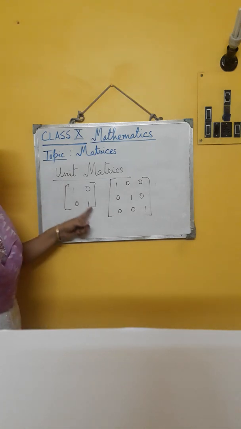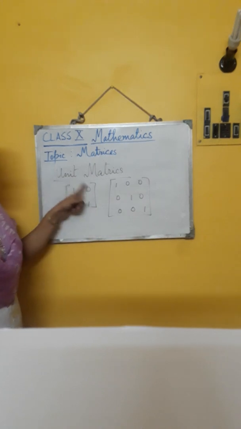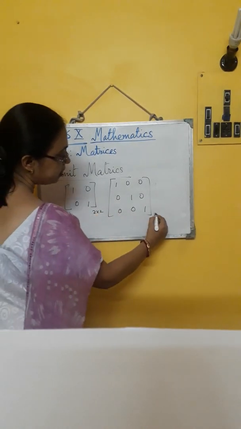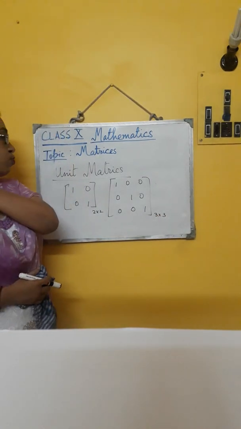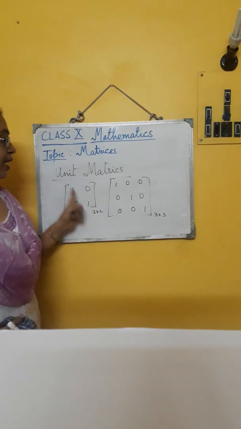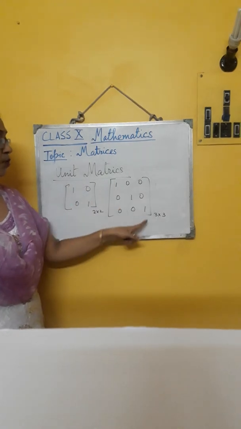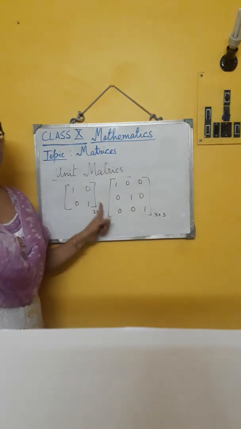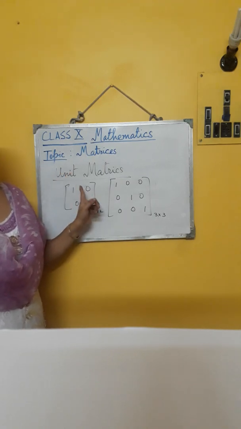Here the diagonal elements are 1, and the rest of the elements are 0. You can see it is a 2 cross 2 matrix and this is a 3 cross 3. In the 2 cross 2 matrix, the diagonal is 1 and the rest of the elements are 0. Here in the 3 cross 3 matrix, the diagonal is 1 and the rest are 0. That is called a unit matrix.